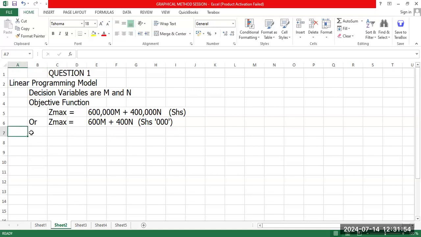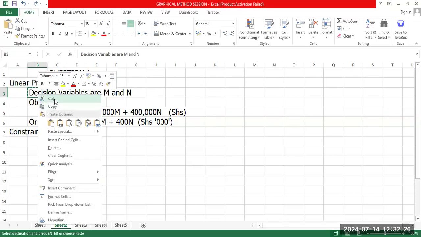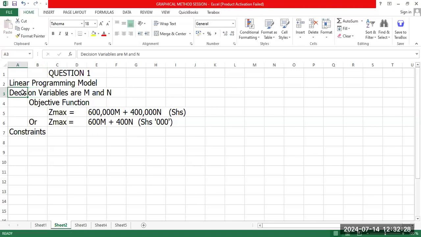Then next, we need the constraints. In this question, how many constraints do we have? We have 2.